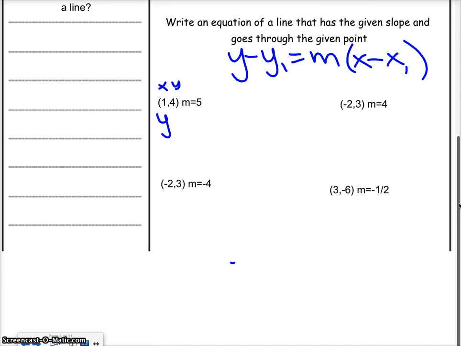y minus the y I'm given, 4, equals my slope times x minus the x I'm given, 1. That's it. That's all you have to do today. Some of you might be like, well, shouldn't I distribute the 5?